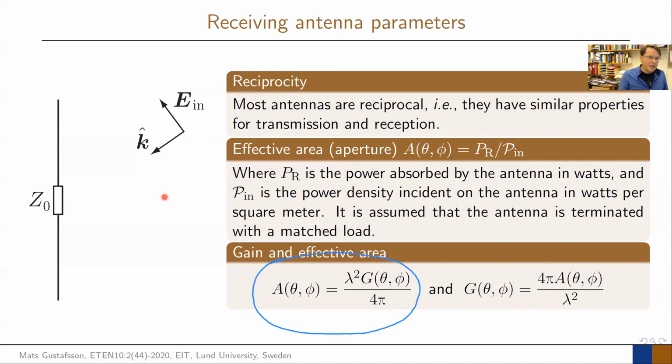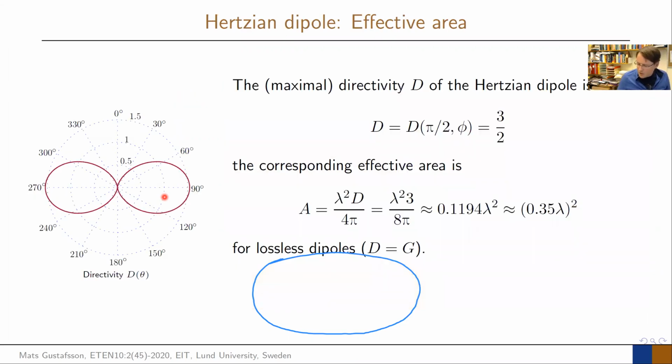You can see it scales with lambda squared times the gain. And then you can ask, what is the effective area of these ones? If we had a big parabolic reflector, we would believe the effective area is maybe the physical area. But what is the effective area of a Hertzian dipole? So we can compute it.